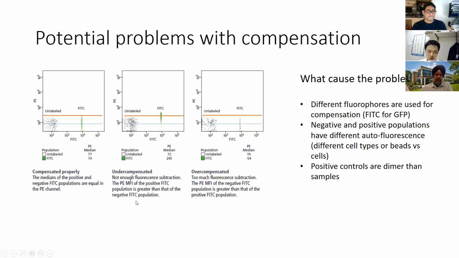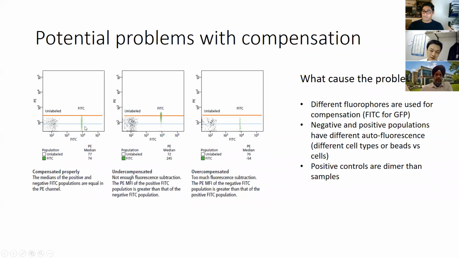Before we do the compensation, because the FITC light has some spillover into the PE channel, if we put a threshold based on our negative populations, this FITC-alone positive population will look like it is positive for PE because of the overlay. So then the machine will do some compensation to subtract a certain percentage of the fluorescent intensity.